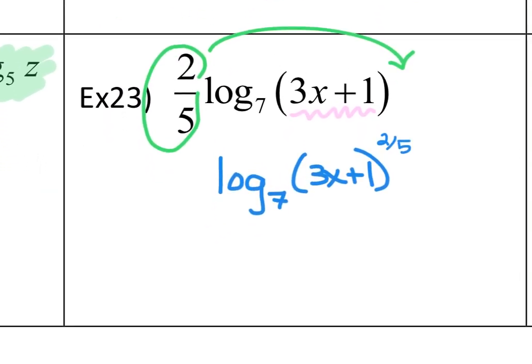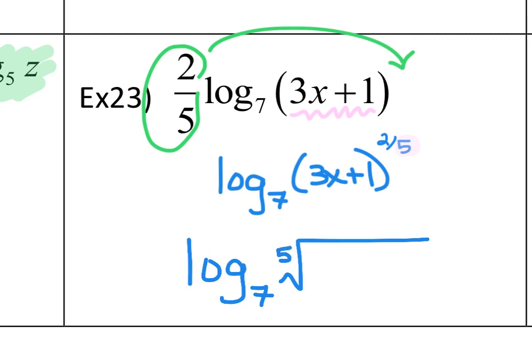I'm not done yet. Make sure you understand the first step. But then remember that if you have a denominator in an exponent, that you need to rewrite that as a radical. So this is going to be log base 7 of the 5th root, and keep the parentheses, 3x plus 1 squared.